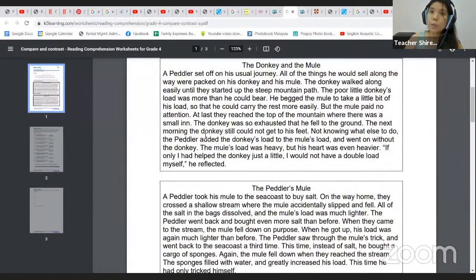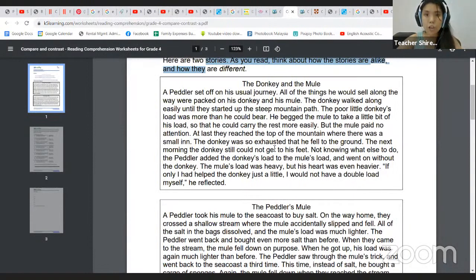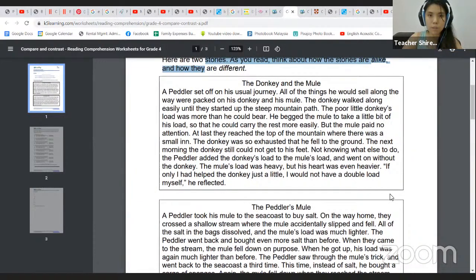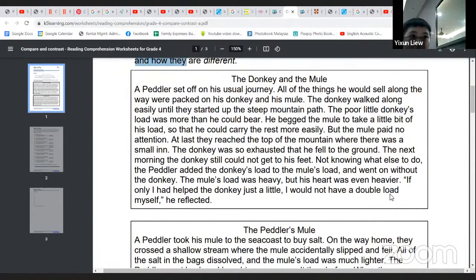The donkey and the mule. The peddler set off on his usual journey. All of the things he would sell along the way were packed on his donkey and his mule.